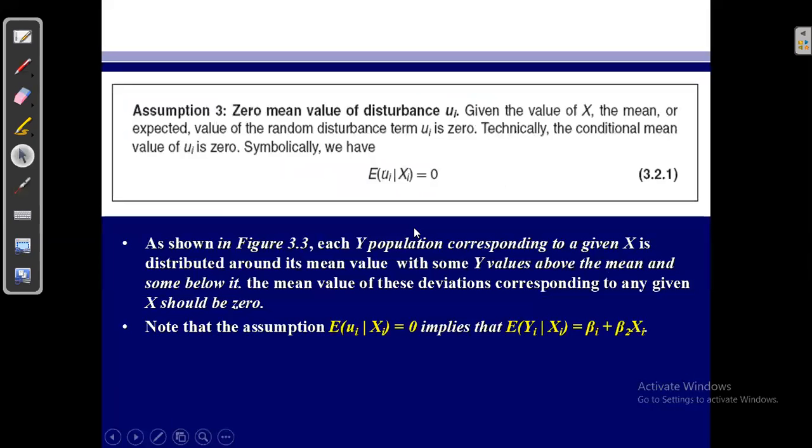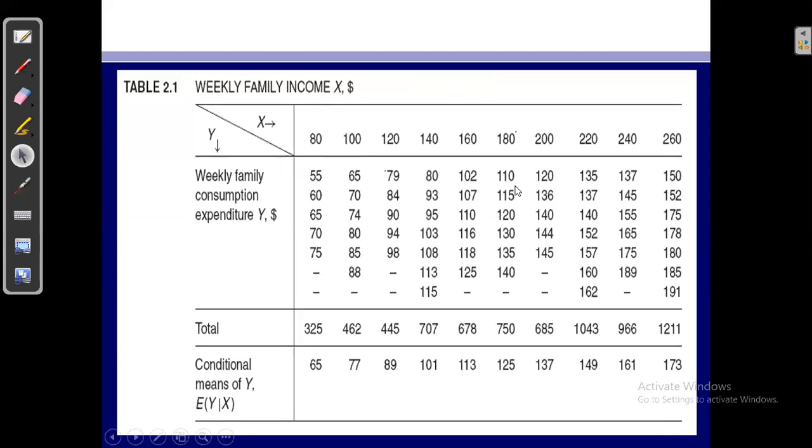What is the practical meaning of this? I described the meaning of zero mean just immediately before this, where I said that if you convert y values corresponding to each of the x values into disturbance terms, like for example, obtain 5 different disturbance term values corresponding to x equal to 80, then obtain the disturbance term values corresponding to x equal to 100, and similarly obtain the disturbance term values corresponding to x equal to 120, okay?